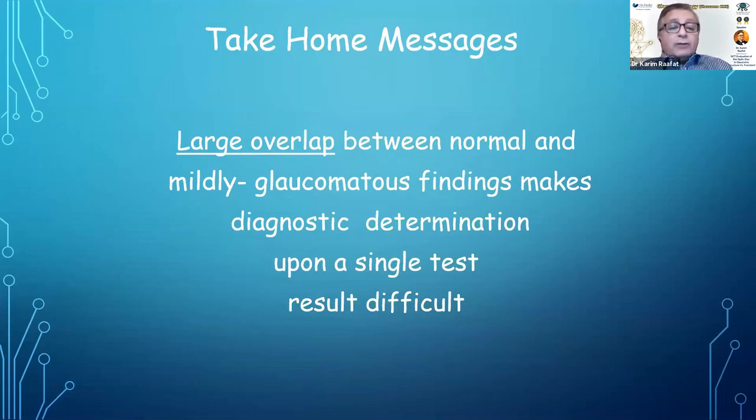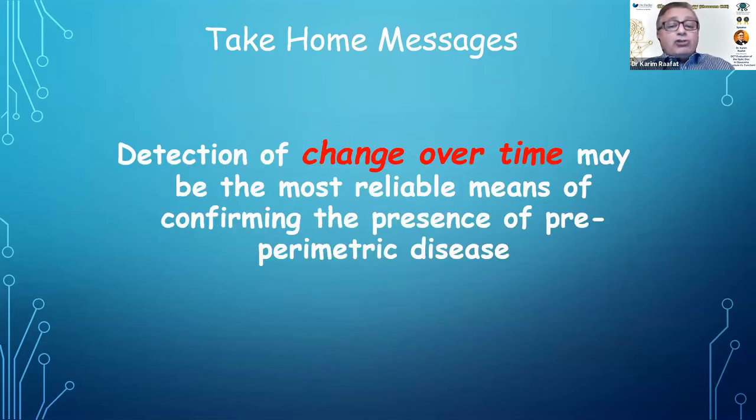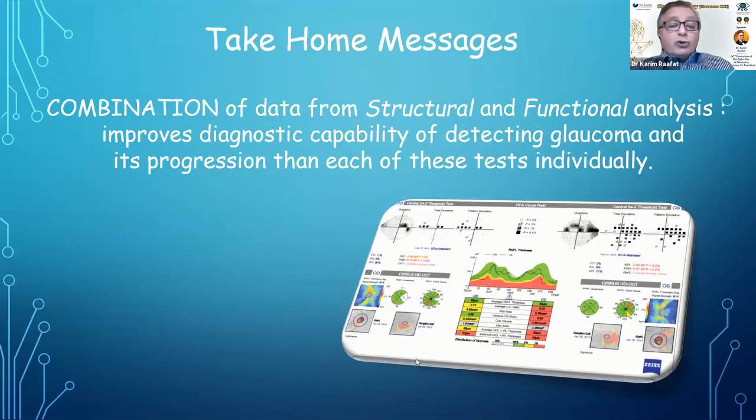Making a diagnostic determination upon a single field is difficult. And again, detection of change over time may be the only reliable means to confirm the presence of pre-perimetric glaucoma. And combining data now, with the software of the machine putting both the functional field and the structural OCT component together, adds more to our diagnostic capabilities.